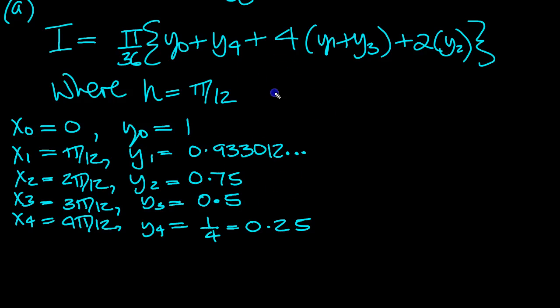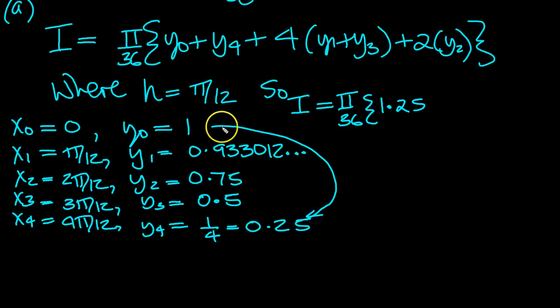So now, I equals, we're going to just tap it in the calculator. It's pi over 36 times the 1.25 here. So we might as well write that down. The first and the last, here and here, plus 4 times y1 plus y3, and 2 times y2.